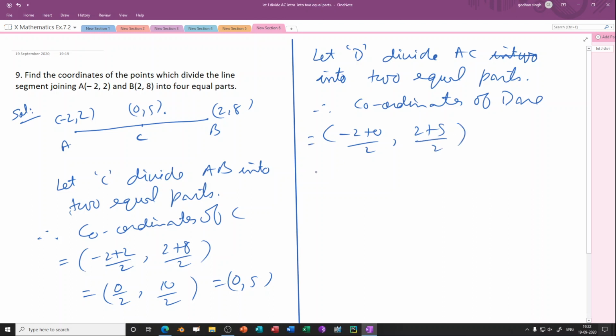That gives minus 2 over 2, so minus 1, and 7 by 2. So this is our point D, having the coordinates minus 1 and 7 by 2.